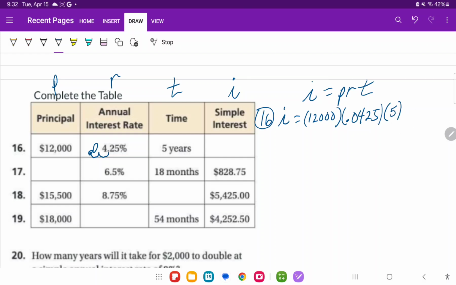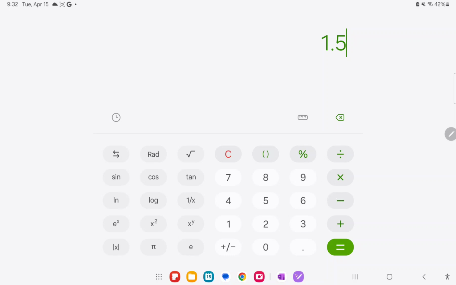So I'll get my calculator and we'll go 12,000 times 0.0425 times 5. And so that's going to give us 2,550.